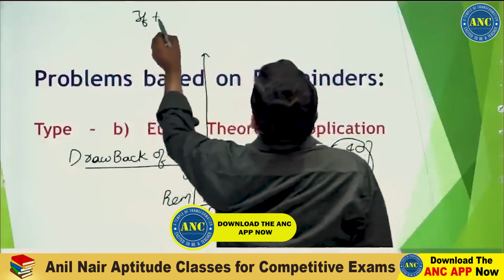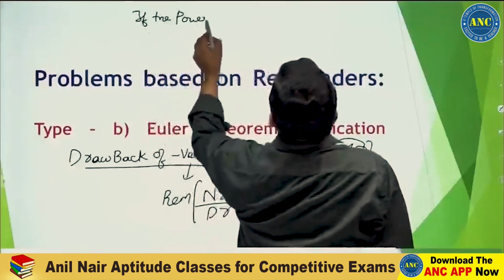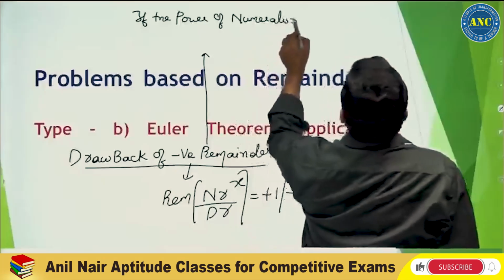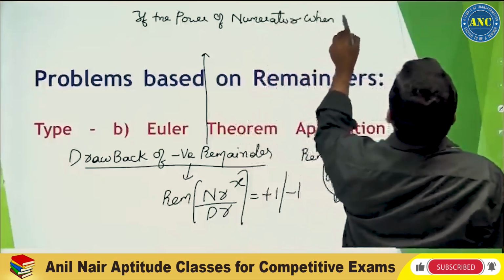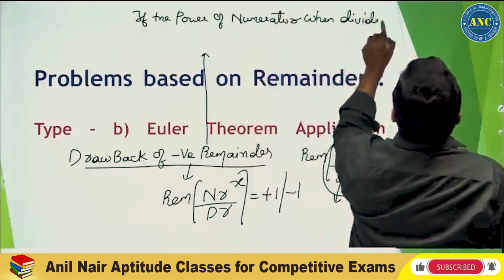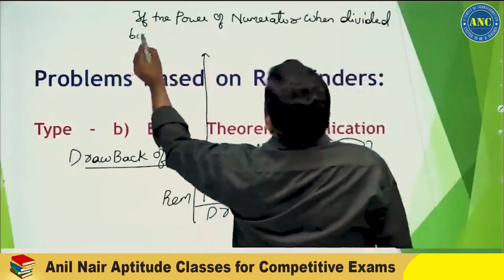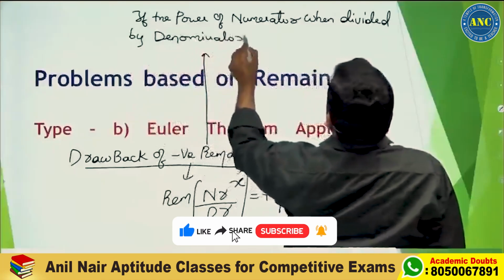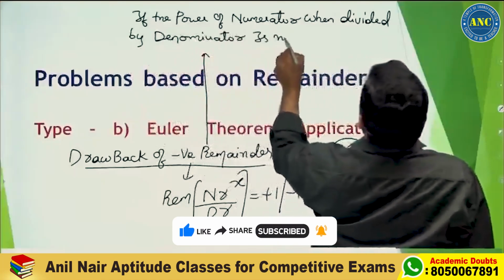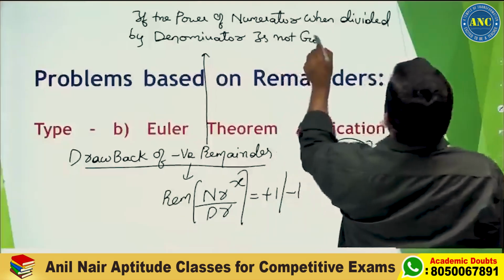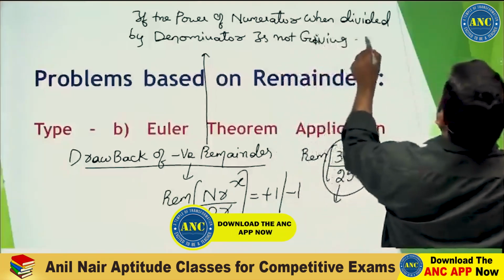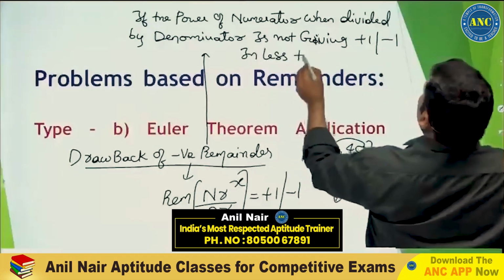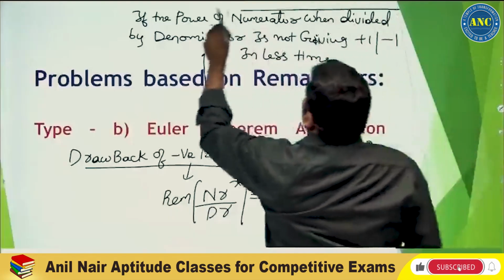If the power of the numerator when divided by the denominator is not giving +1 or -1 in less time, then the negative remainder concept is a little ineffective.